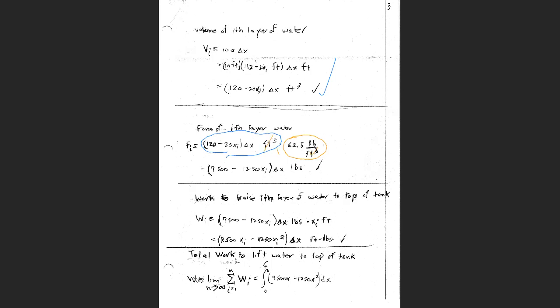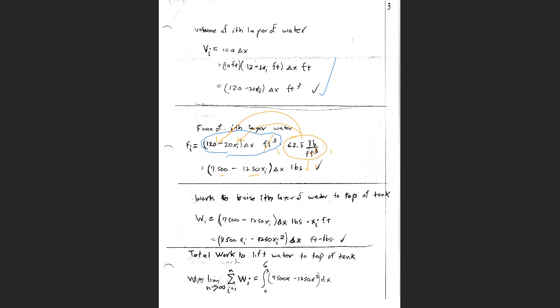The cubic feet cancel out, and you're left with pounds. So the force, or the weight of the ith layer of water, I'm going to take that 62.5 and multiply it by the 120 and by the 20. The force will be equal to 7,500 minus 1,250 xi times delta x pounds. Now we have the force of the ith layer of water.